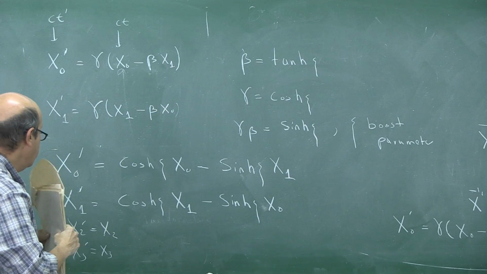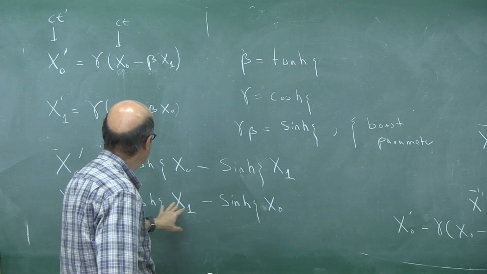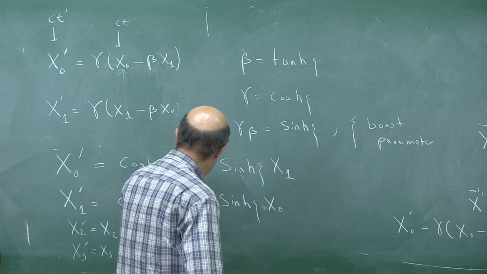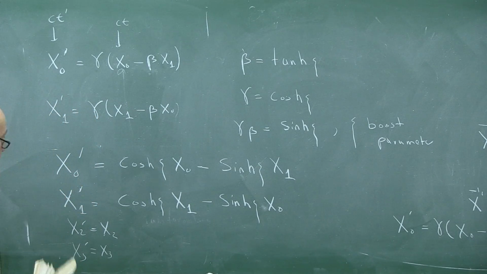Did I write this correctly? I think it should be cosine, sine. Okay. You can write this in a matrix representation.